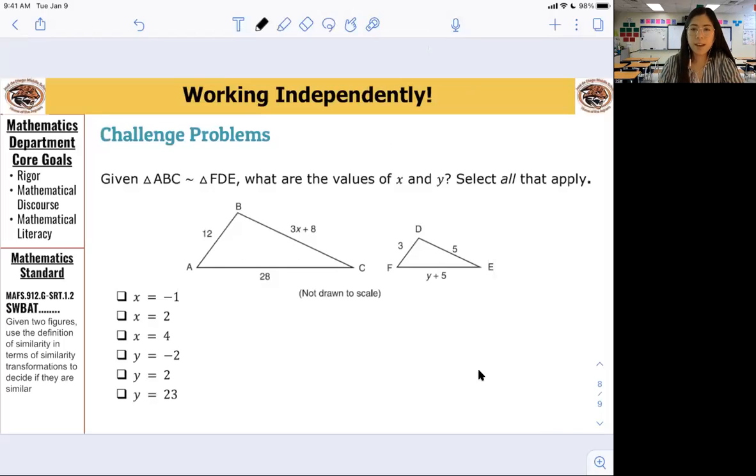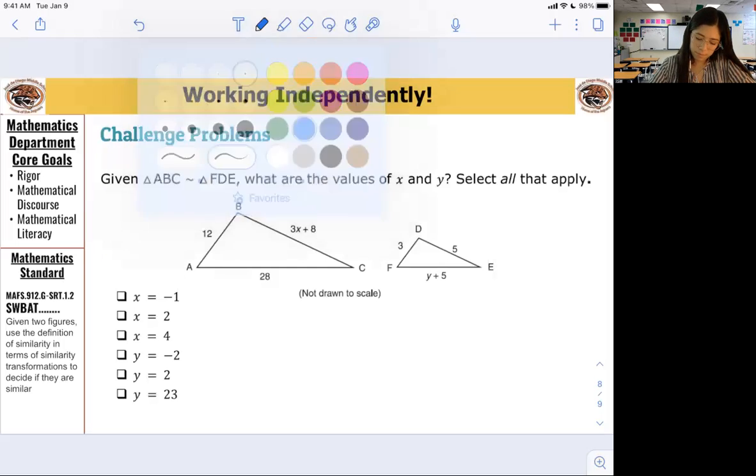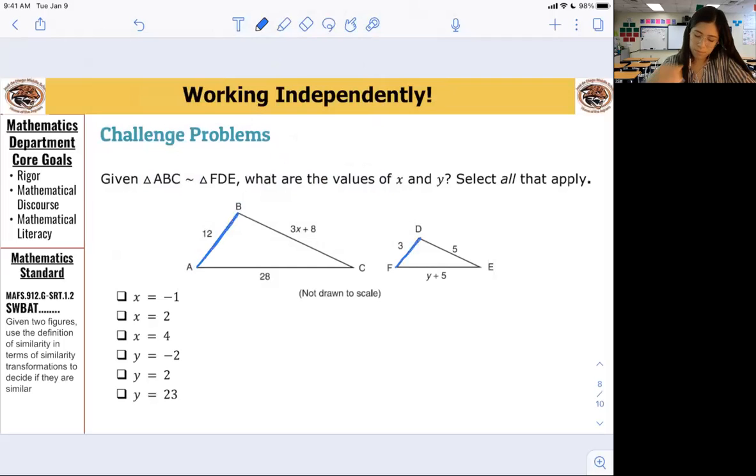To find x, I set up a proportion. Can I have Daniel start the proportion for us? I did it a different way. I figured out that AB or VA is equal to FD. In order to get FD, you divided AB by 4.